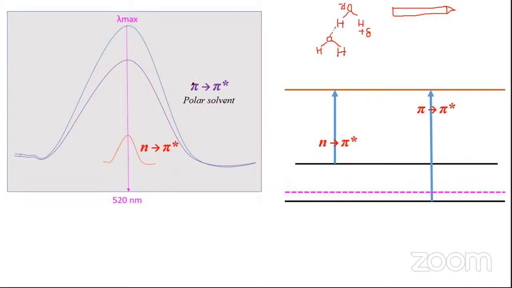Now, when this interaction begins, there was pi to pi star transition happening. Now you are putting such a molecule into an interacting solvent. So pi electrons start to interact. Interaction of pi electrons actually changes their original position with respect to the environment.